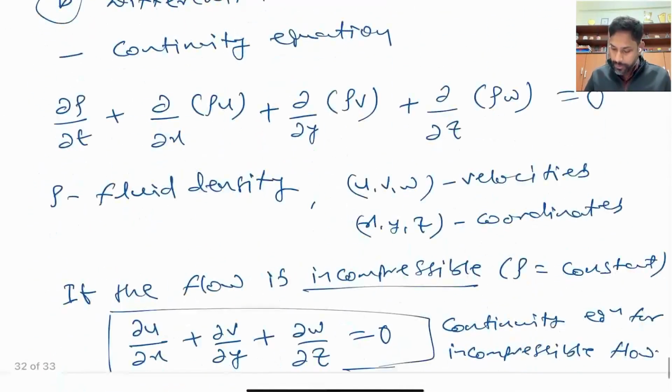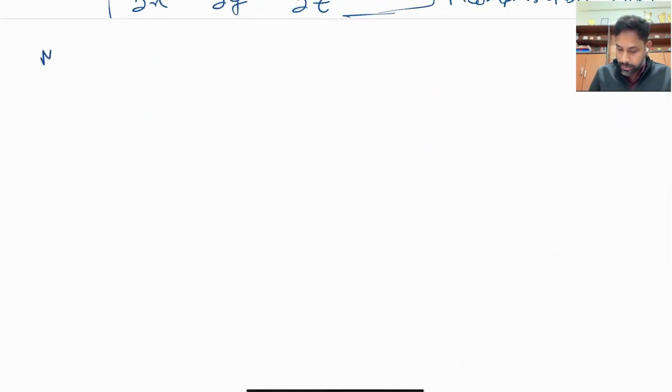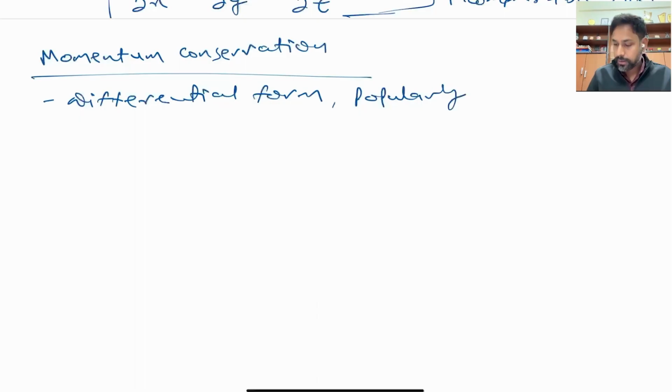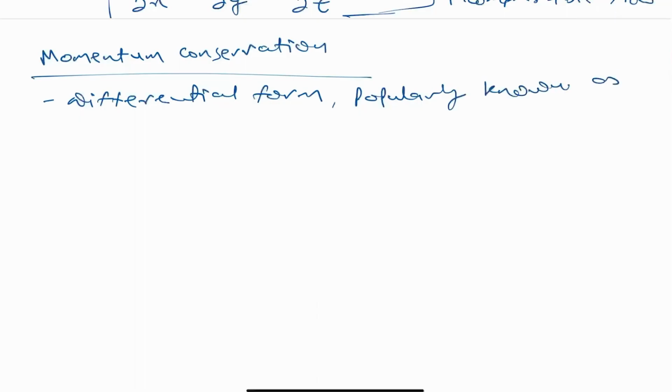And in case of momentum conservation, we will directly go to the differential form, which is popularly known as the Navier-Stokes equation.